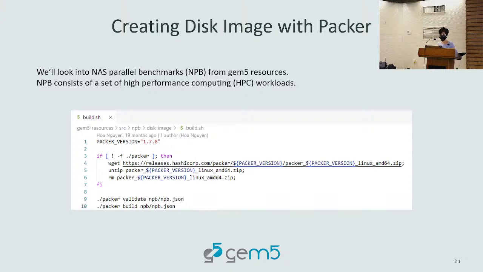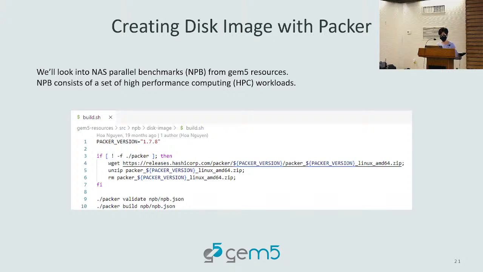It's highly used, so I thought that it's a good example to start from. I'm not going to switch to code space, but if you want to see the exact and complete content of each file, you can start from gem5 resources, source, NAS parallel benchmark, disk image folder. Everything that I'm going to discuss is inside the disk image folder for NAS parallel benchmark.